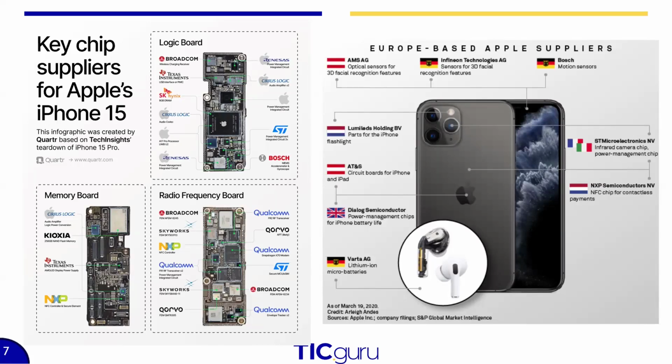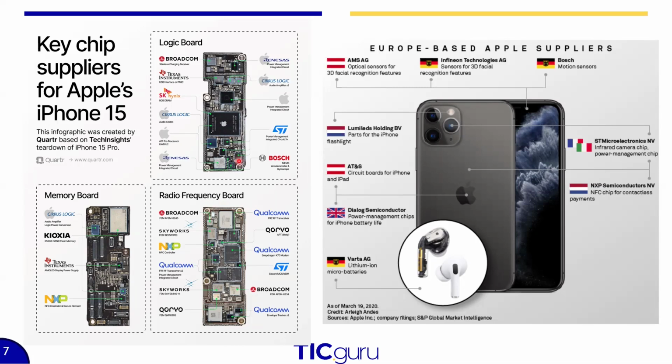The image on the left shows various suppliers which build up the iPhone. These are three boards within the phone. As you can see, a very complex array of chips. These three images only list the suppliers of the chips alone.